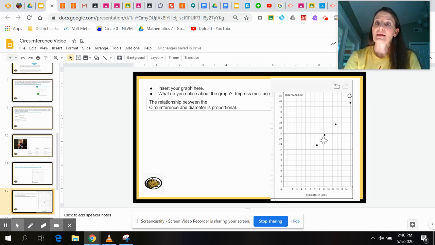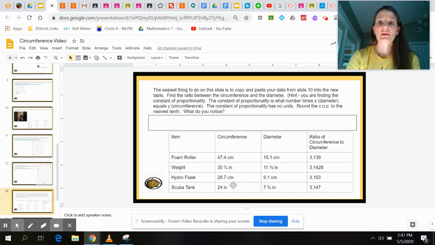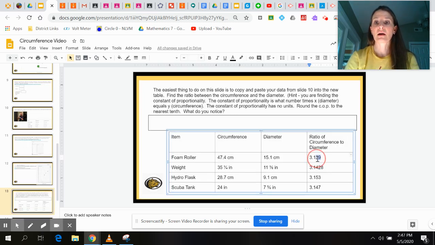If you notice that these points, they're not perfect, but they will form a straight line and they will go through the origin. And those were some of our definitions of proportional earlier in the year. They have equal ratios, and we'll look more at that here in a second when we look at our constant of proportionality.